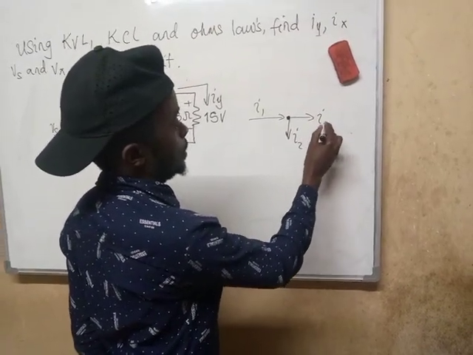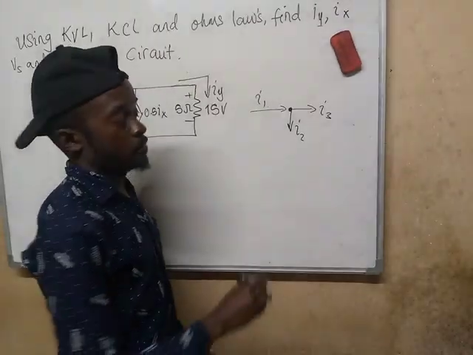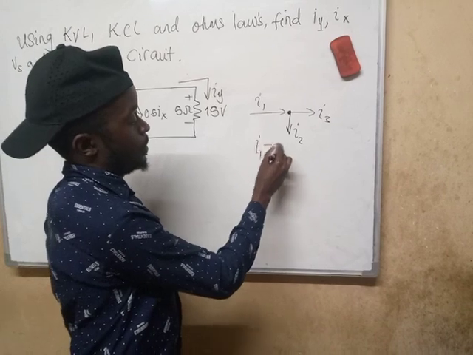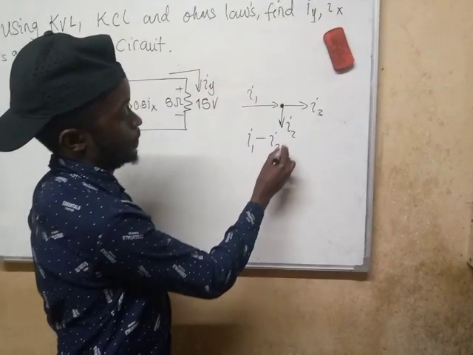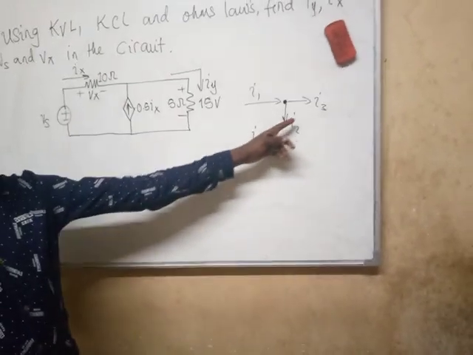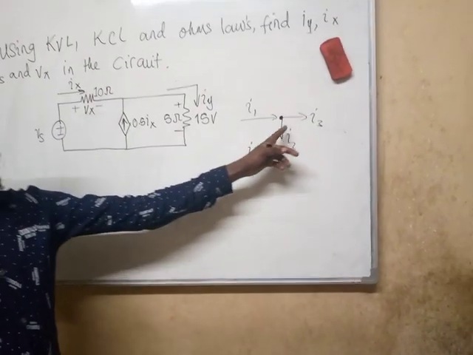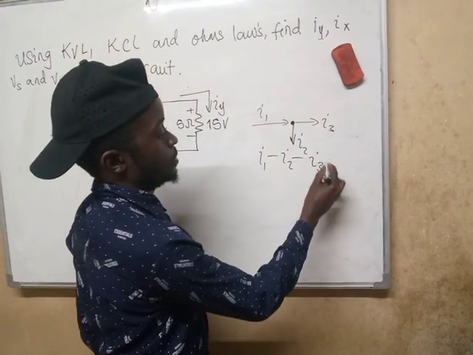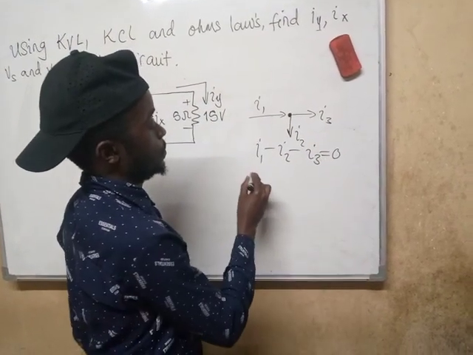Take this as I2 and this as I3. So we have I1 minus I2, because I2 is leaving the node, then minus I3, which is also leaving the node, and the sum of this is equal to 0.